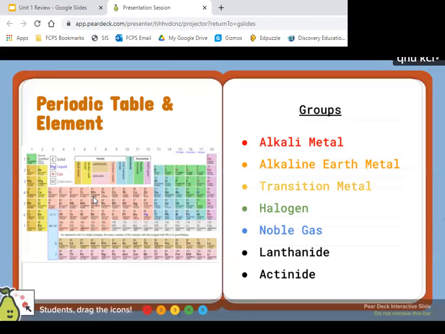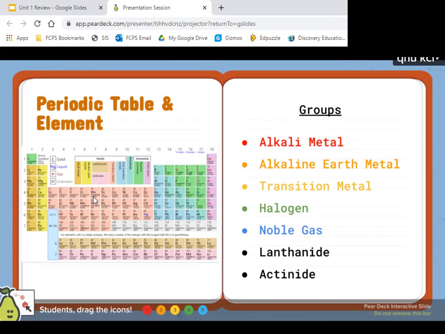So alkali metal, where is alkali metal located? Where is that? First row or first column, yes. Alkali metal is in the first column. How about alkali earth metal? Second column. How about the transition metal?